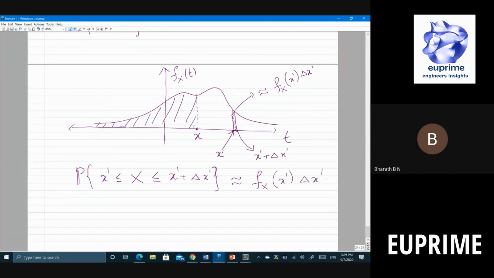Is this fine? So I can interpret f_X of x dash as the probability of X falling in a small interval of length delta x dash, scaled by delta x dash. That's why it's called density. It's per unit length.